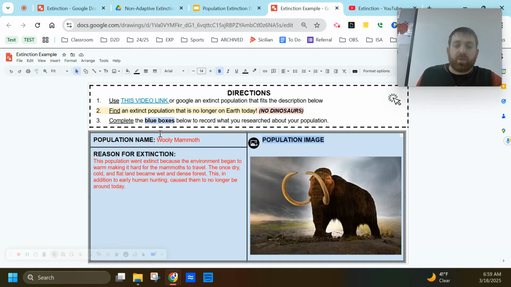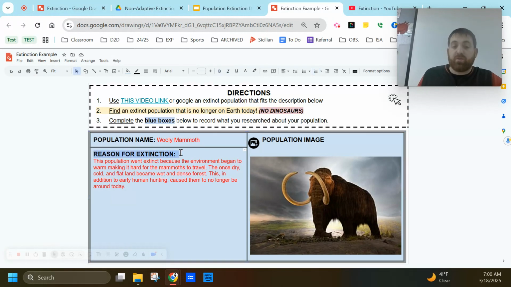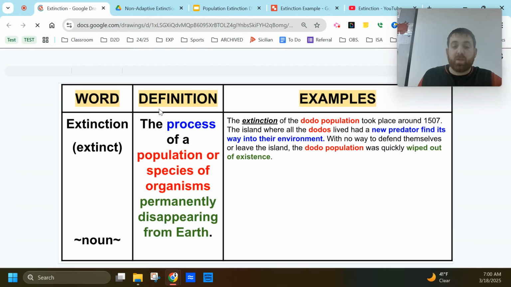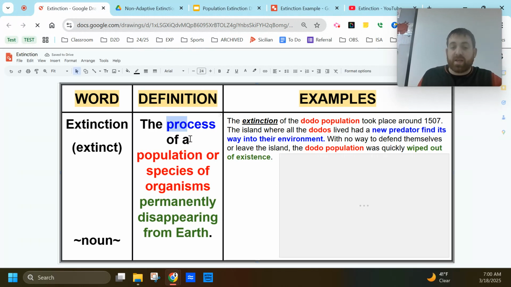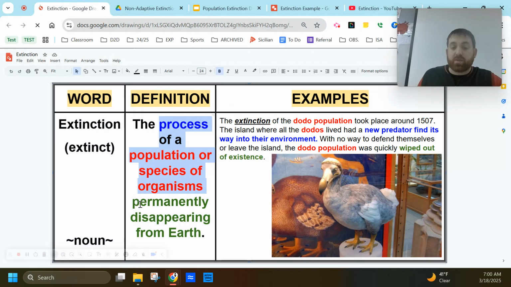Now, as you're researching these different topics that obviously do not include dinosaurs, you're then going to look for the reason for the extinction. Remember, when we looked at our definition for extinction, we saw that it's a process of a population or species of organisms permanently disappearing from Earth. So what we're really looking for is that process. What caused them to become extinct?